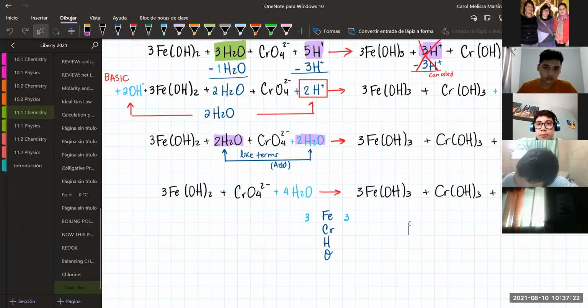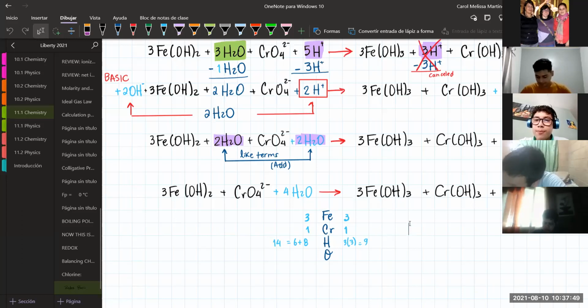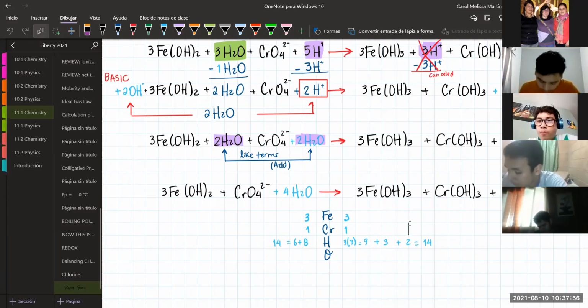We have 1 chromium on each side. We have hydrogen: 3 times 2 makes 6, plus 4 and 2 makes 8. In total, we have 14 hydrogens in the reactants, and in the products, we have 3 times 3 makes 9, plus 3 makes 12, plus 2 makes 14.